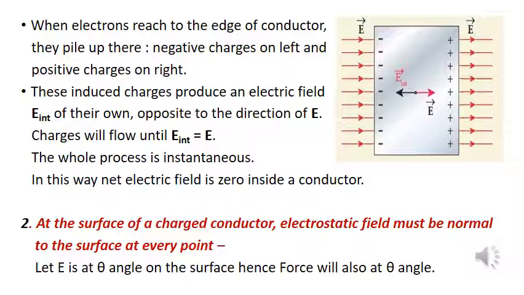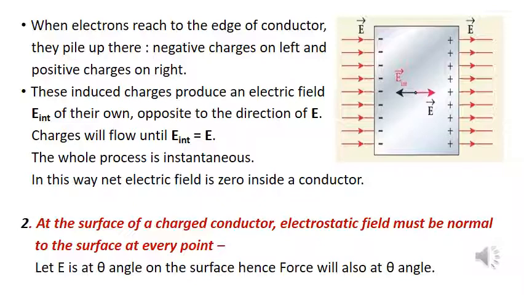Here we can see when conductor is put in an electric field, electron moves towards the opposite face to the direction of the external electric field in the conductor, and they left the bound charges, that is positively charged atoms or positive ions, on the face which is in the direction of the external electric field.